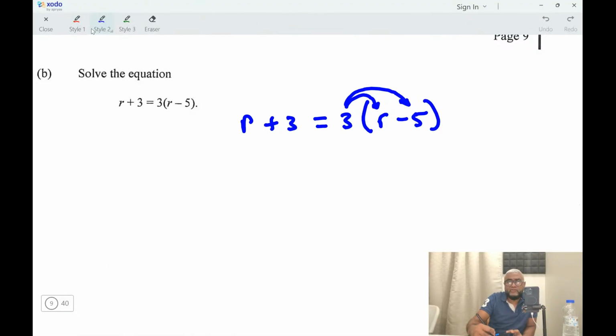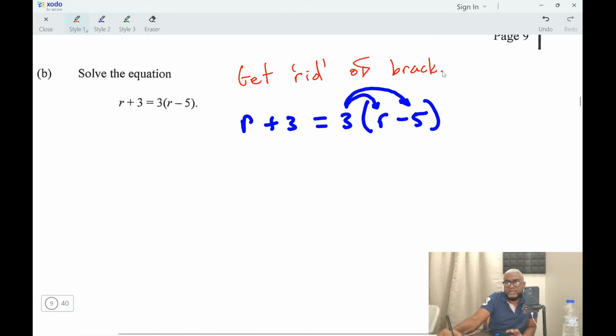What I'm going to do first is get rid of brackets, okay? So when I get rid of that bracket, I will put back r plus 3 is equal to 3 multiplied by r, which would be 3r, and then 3 multiplied by negative 5 will give me negative 15.